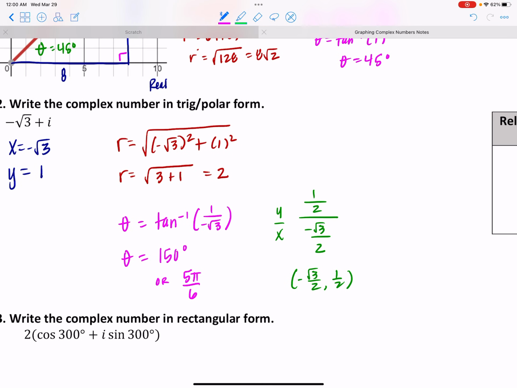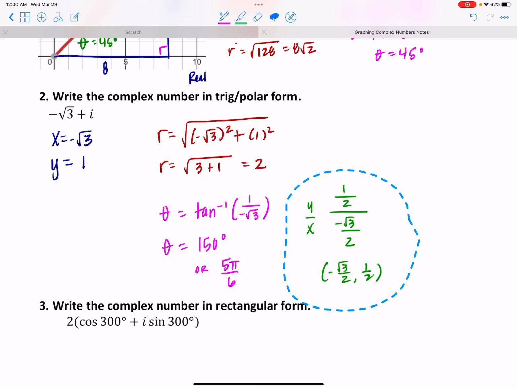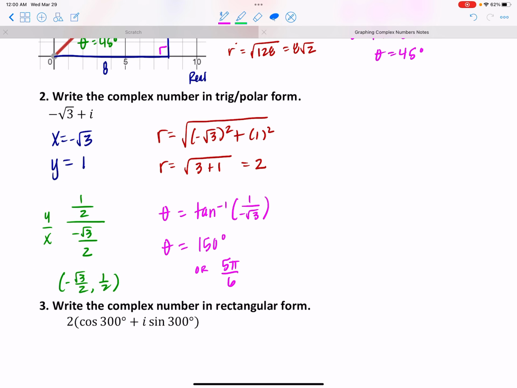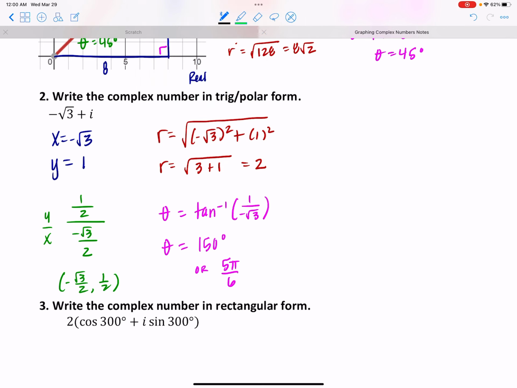So then our trig, or our polar form, we could write a couple of different ways. So here are some options. I could say that z, if I want to just call it z, is equal to my radius of 2 times the cosine of my 150 degrees plus i times the sine of my 150 degrees, if this is in degrees, or the abbreviated form would be 2 cis 150 degrees.